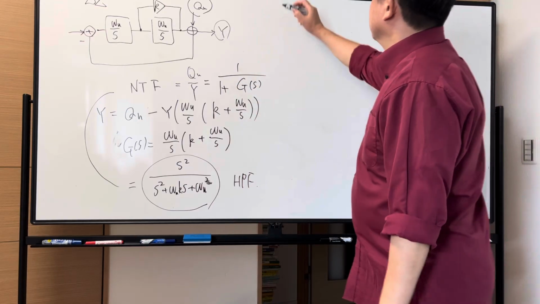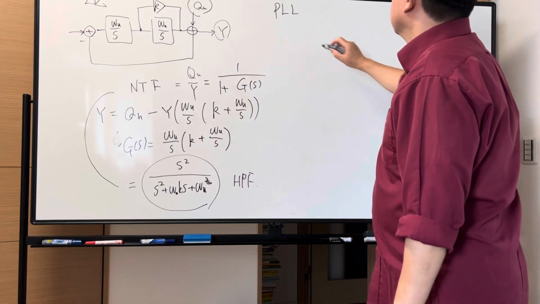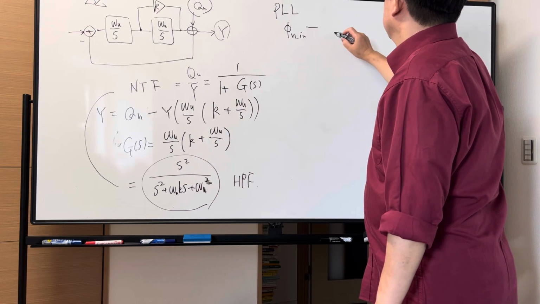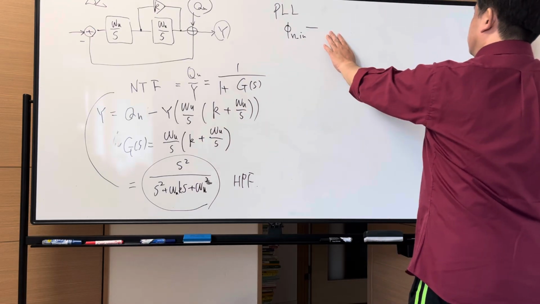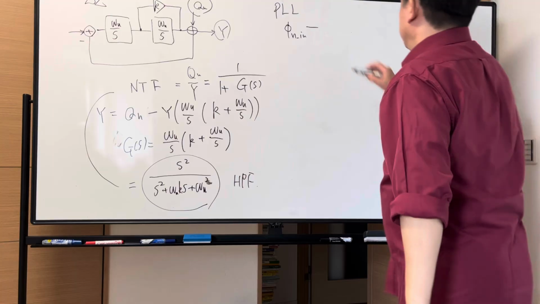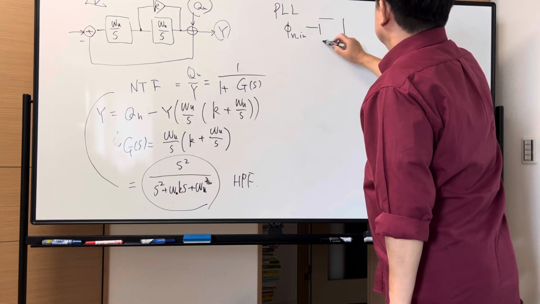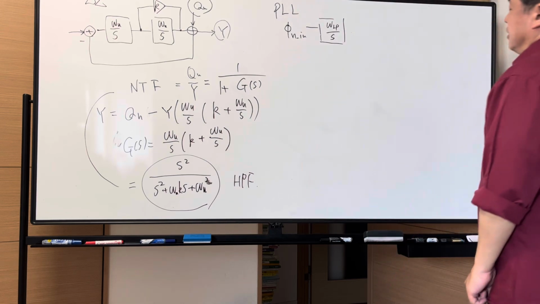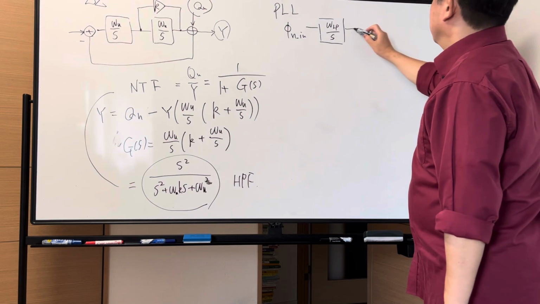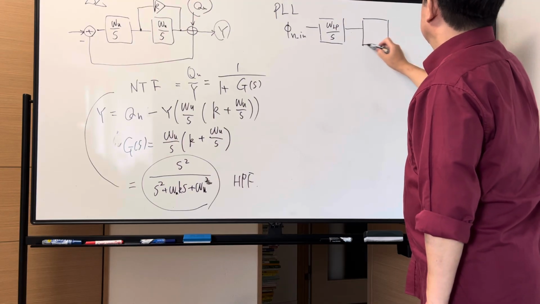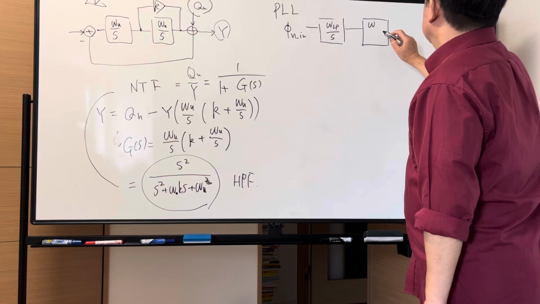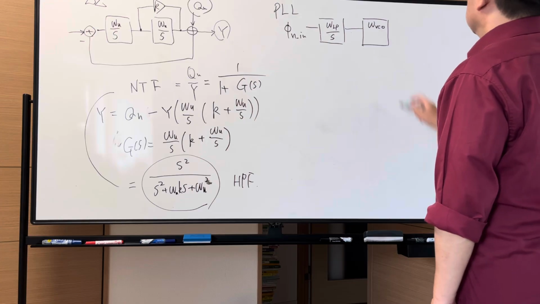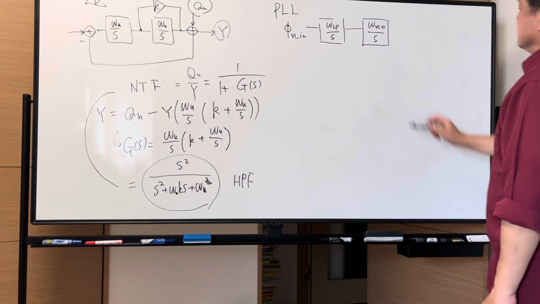Likewise, in the PLL, the phase noise of the input is applied to the phase frequency detector and charge pump, which makes a low pass filter, and it's multiplied by omega VCO, and this is the integrator.